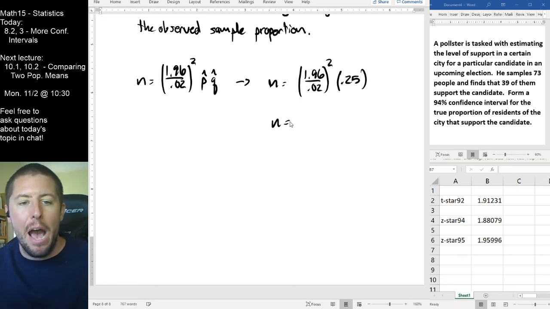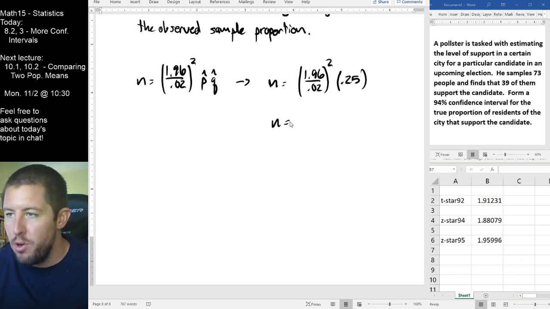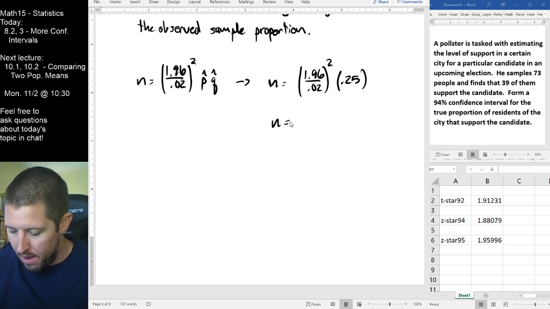And that's going to tell me how many I need to get that guaranteed 2% margin of error with a 95% confidence interval. 1.96 divided by 0.02, squared, times 0.25.